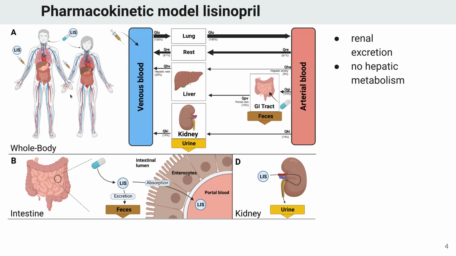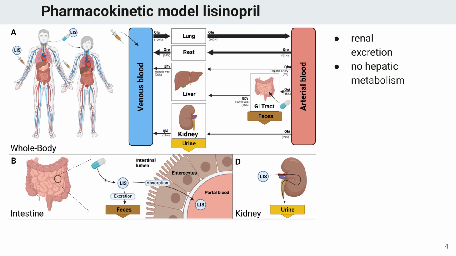So what is the status quo of the models at the moment? We basically did the pharmacokinetic model, which consists of the blood distribution of lisinopril, going to the lung and then can go back through the gastrointestinal tract, liver, or through the kidney, or through the rest, which are all the organs which we didn't model in detail. And so lisinopril can circulate and distribute.